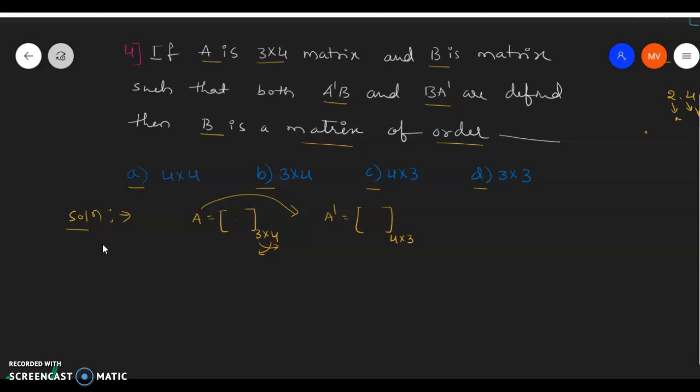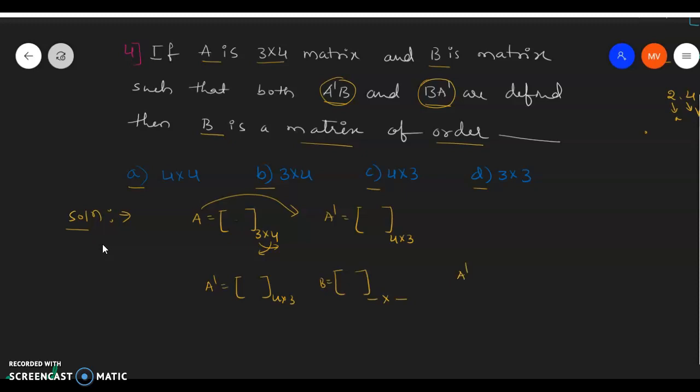Again, he says that both A dash B as well as B A dash are defined. Let us take A dash, a matrix of order 4 cross 3. And B is another matrix; we don't know its rows and columns.